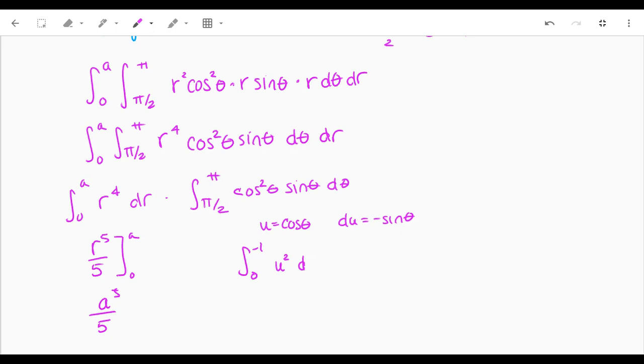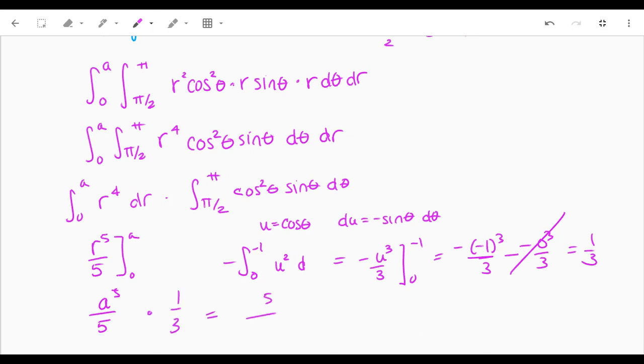Oh, forgot my d theta over there. Make it negative. I'll have negative u cubed over 3 from 0 to -1. I'll have -1 cubed over 3 minus -0 cubed over 3. So that's all just 0. So I'll have 1/3. So I'll have a to the 5th over 5 times 1/3, which is a to the 5th over 15. Final answer there. Okay, and that's it for this lesson then.